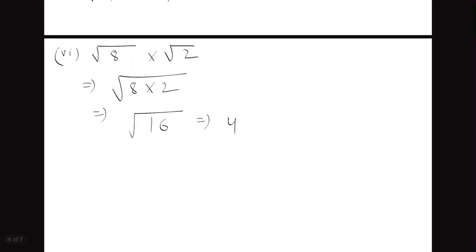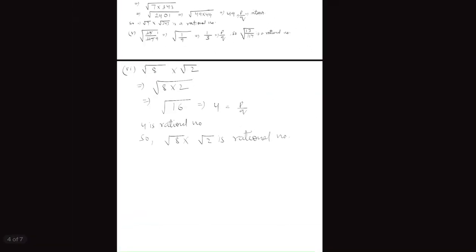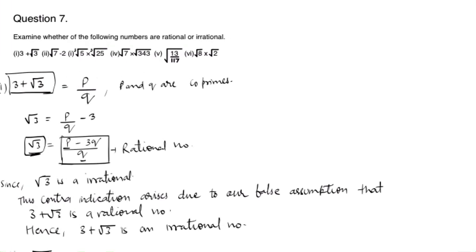Okay, and now we know that 4 is a rational number. Why? It is in the form of p upon q, or an integer. Okay, so root 8 into root 2 is a rational number. Okay, now this was the last question.